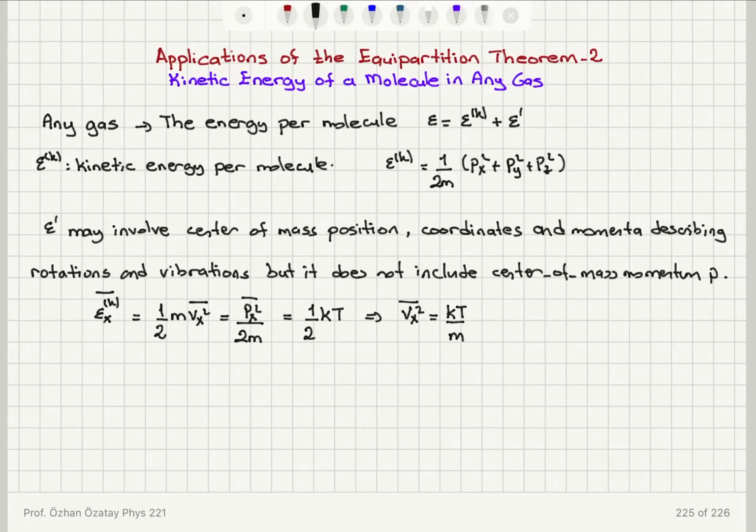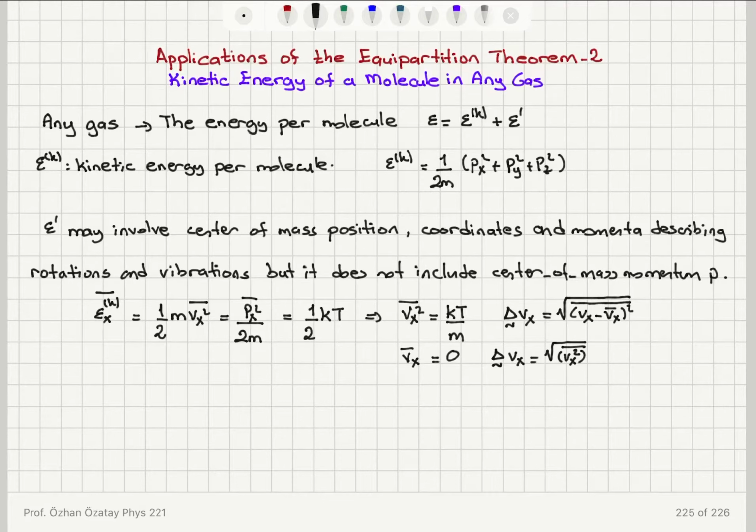And if you look at the standard deviation in Vx, we have the square root of the mean of Vx minus Vx bar, squared. Since we have the mean value of Vx from Maxwell's speed distribution to be 0, the standard deviation in Vx is going to be equal to the square root of Vx square bar.